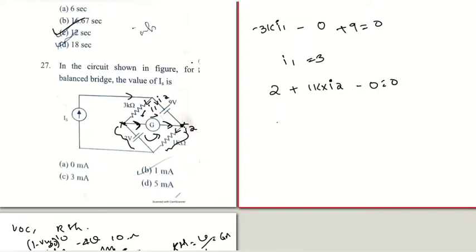Minus 0 equal to 0. From here I get I2 equal to minus 2 milliampere, and our IS is actually I1 plus I2, which is 3 minus 2, that is 1 milliampere.